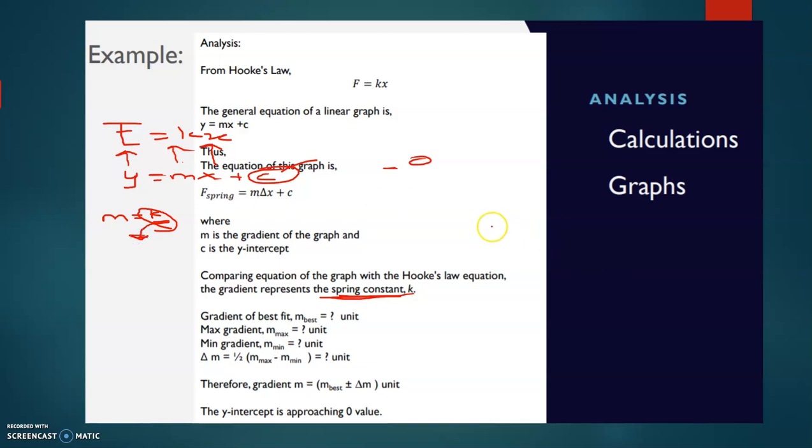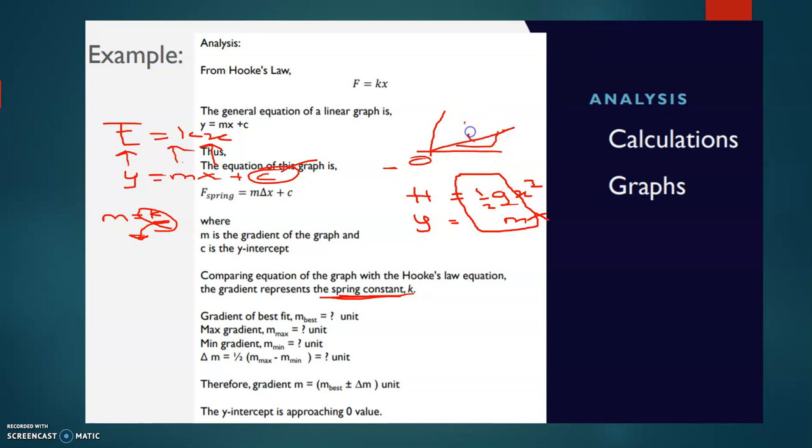By reference to your experiment, for example, the experiment you are doing is height h equal to half gx squared. When we compare it with y equal to mx, we plot the graph and then we get the gradient.